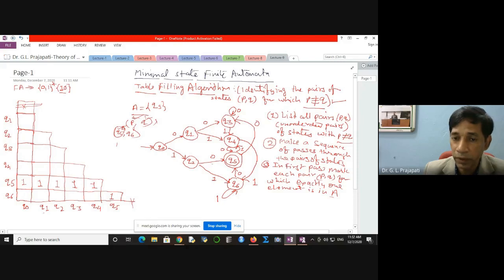So that's why they are not identical. One is a final state and one is not, so we identify such pairs as not equivalent. This is the trivial case in pass 1.